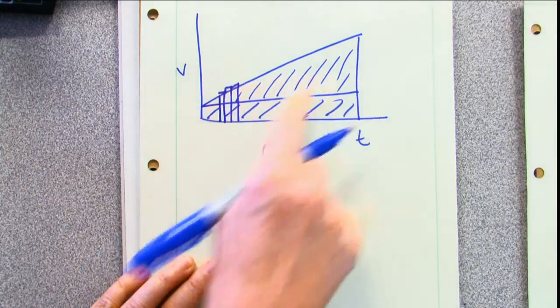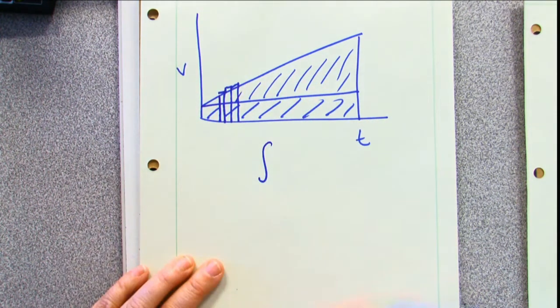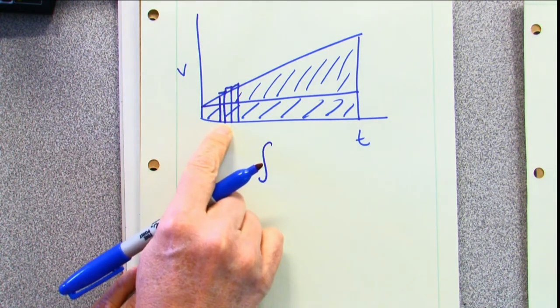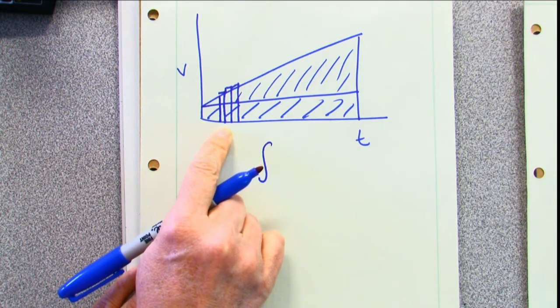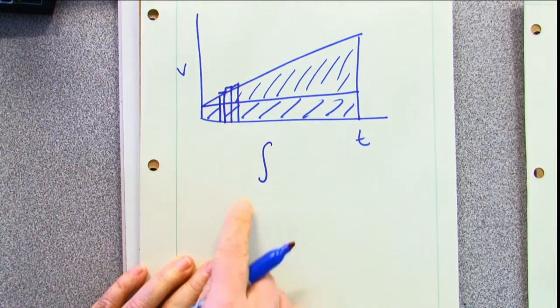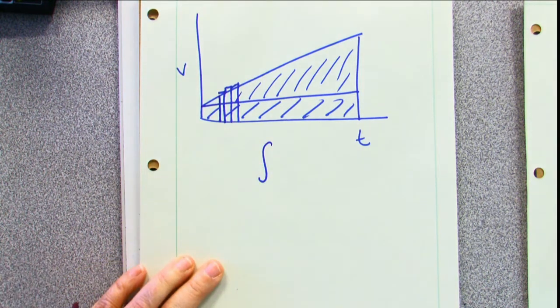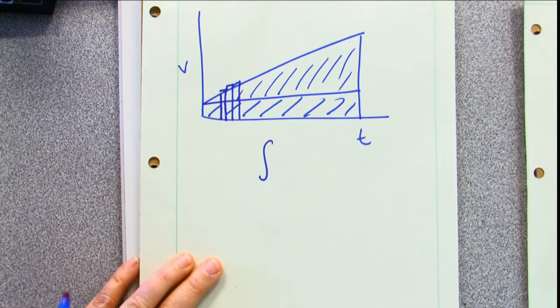So the area under the curve is just a big sum of a whole lot of little slivers. I can do it on incrementally smaller and smaller things, and that's what we call the graphical method of doing an integration. So that's where the integral is going to come from.